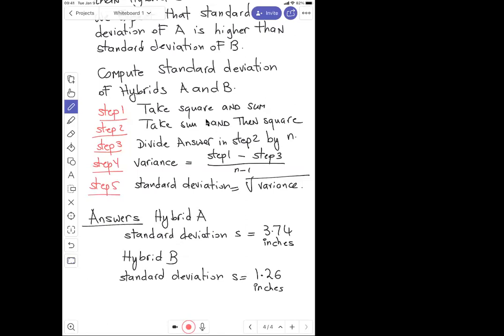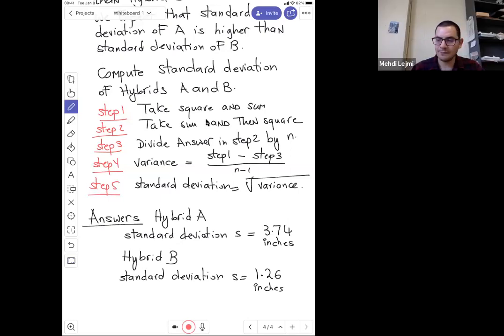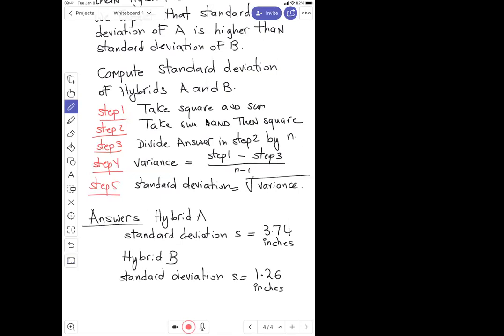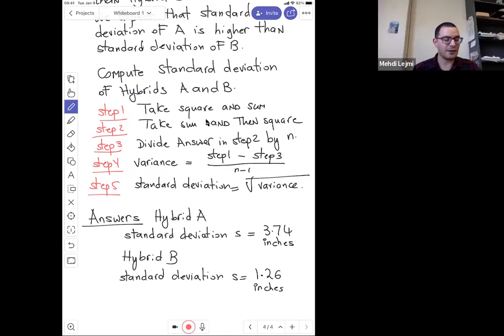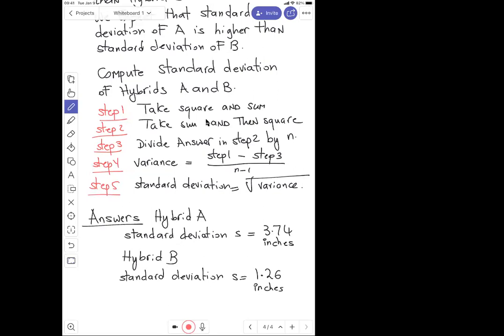For step two, we said you take the sum first, right? So that will be 2 plus 3 plus 3 plus 8 plus 10 plus 10. Yes, that's 286, right? Because that was my sum for one.